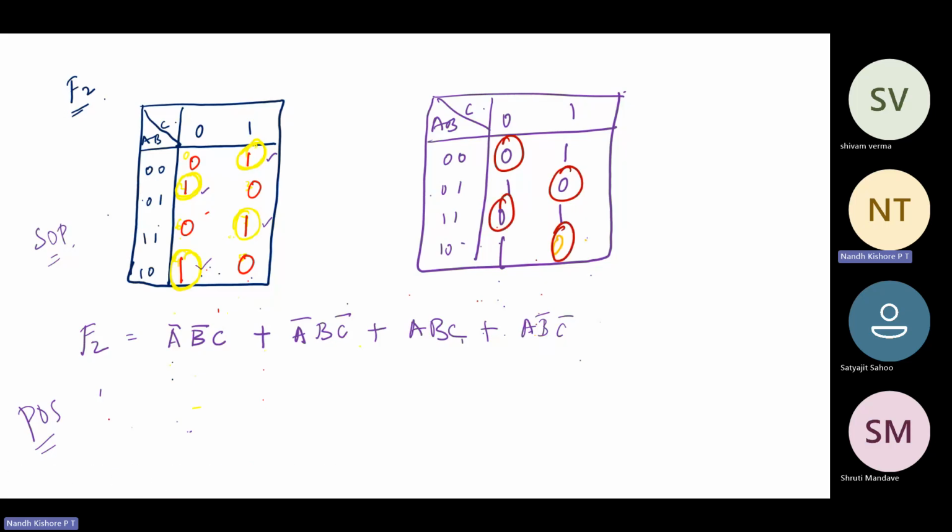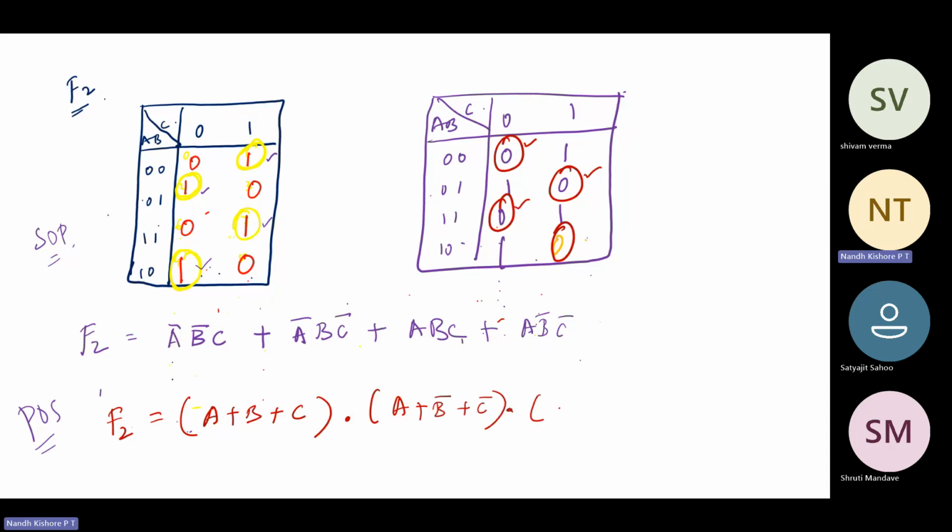Now F2 would be: this particular 0 is A plus B plus C, so all of them are 0 and you get 0, which is absolutely fine. Then A plus B bar plus C bar.